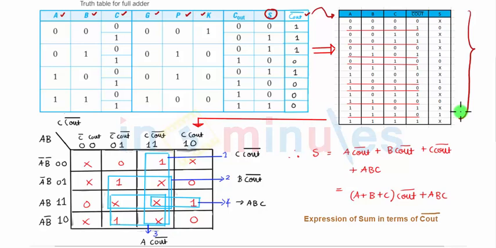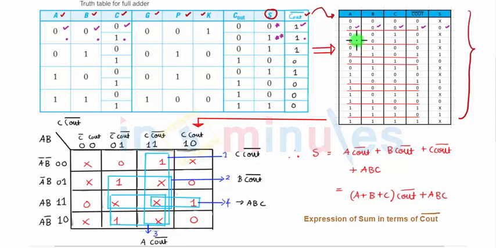Let's see a few cases. When A is 0, B is 0, Cin is 0 and Cout bar is 1, my sum is equal to 0. Let's see if I can find this from the truth table. Yes, A 0, B 0, Cin 0, Cout bar 1, sum is equal to 0. Let's take one more case, and let's go in order so it's easy for you to follow. When A is 0, B is 0, Cin is 1 and Cout bar is 1, my sum is equal to 1.